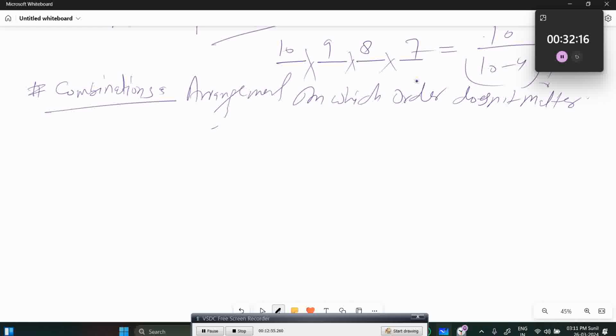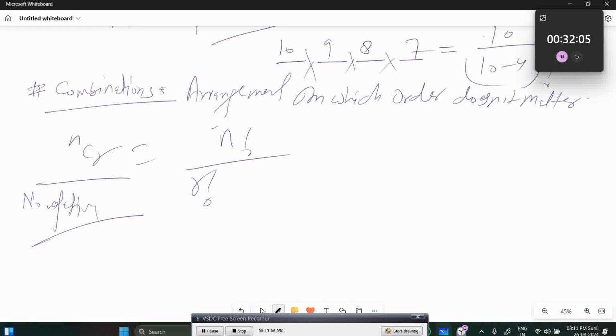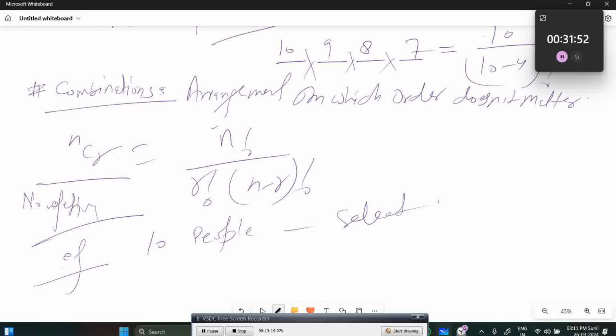It is represented by nCr. It is also for no repetition and equals n factorial upon r factorial times n minus r factorial. For example, there are 10 people and we select 3 people. In this, order does not matter. We can select any 3 people from them.